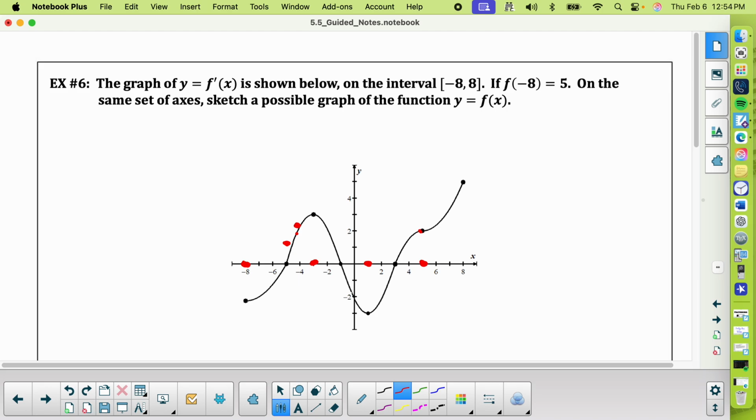Same thing with the 400 feet. My rough estimate of the derivative. Well, that's fine.